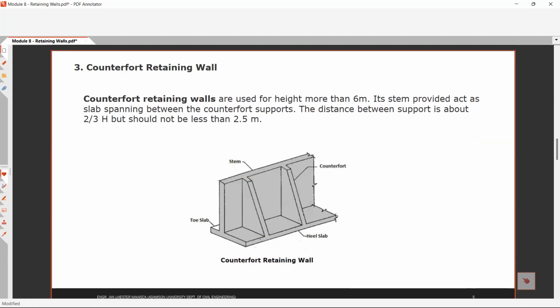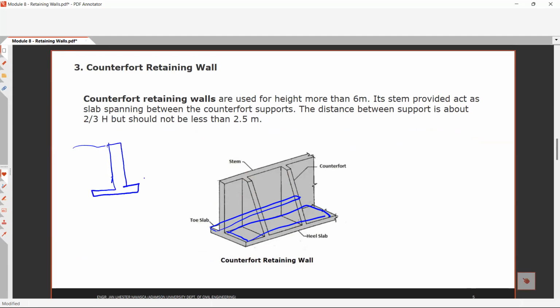Okay, and just like dun sa retaining wall, meron kang stem. Then this one is yung heel slab, and this one is yung toe slab. Ito yung maliit doon na area. Okay, again, kung heel slab, kung saan yung highest, for example this one.